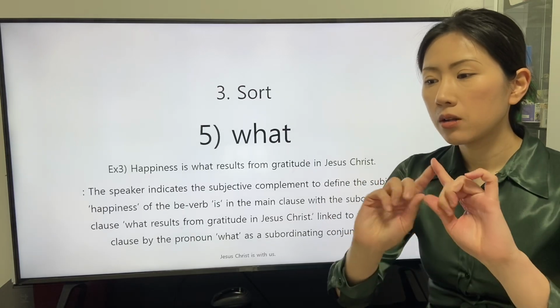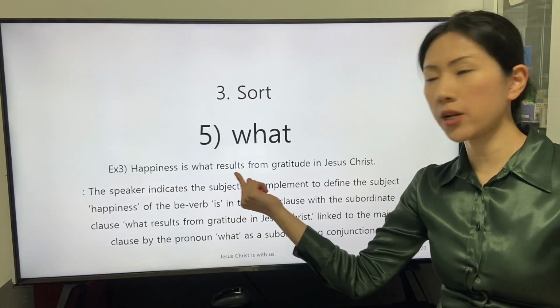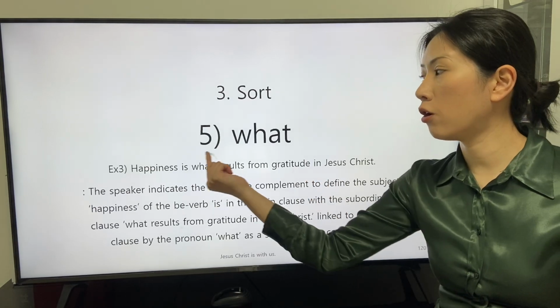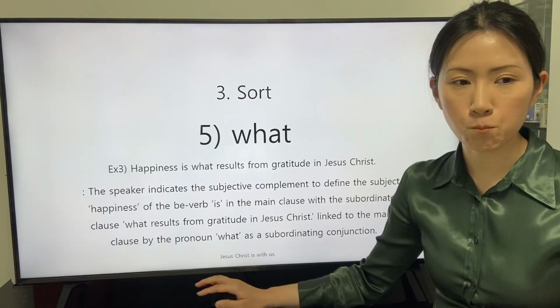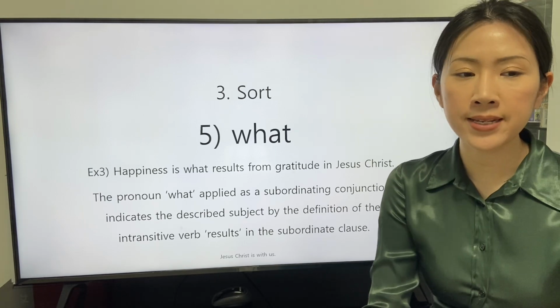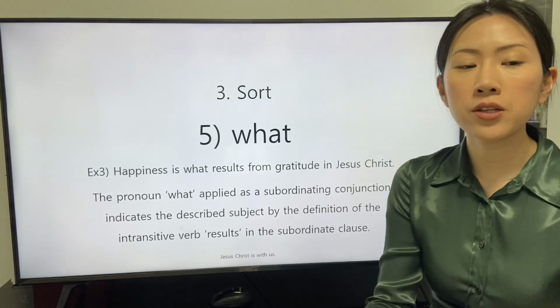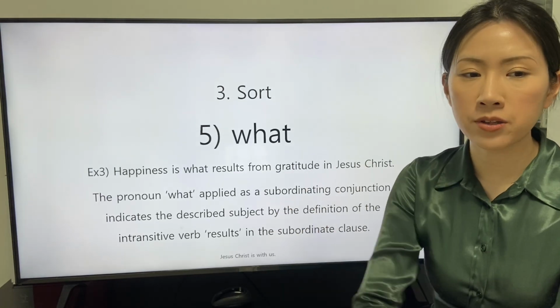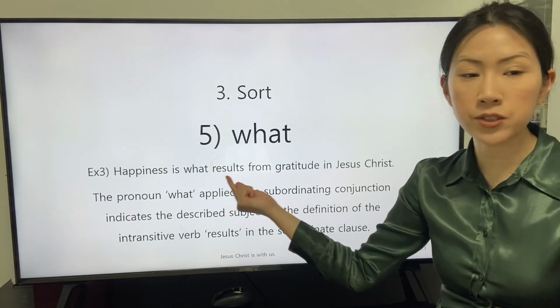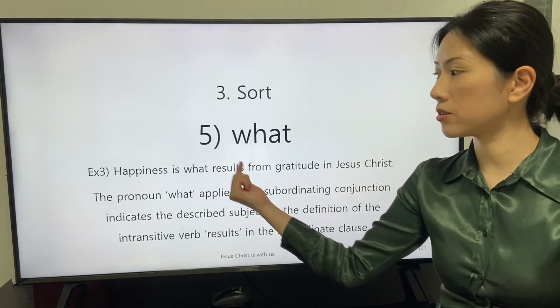The speaker defines the subject happiness with the subordinate clause linked by the pronoun what. The pronoun what applied as a subordinating conjunction indicates the described subject by the definition of the intransitive results in the subordinate clause.